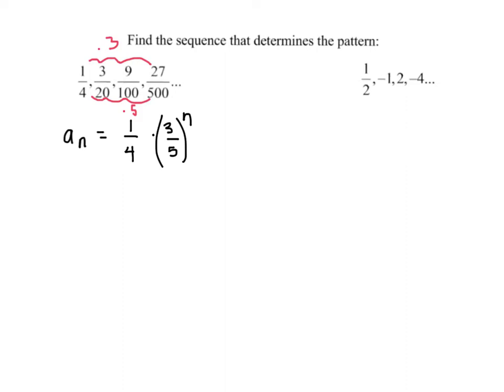Okay, now check it a little bit. If I plug in, like on the previous slide, we always started at n equals 1. So if I did that, I'd get 1/4 times 3/5. That would be 3/20.